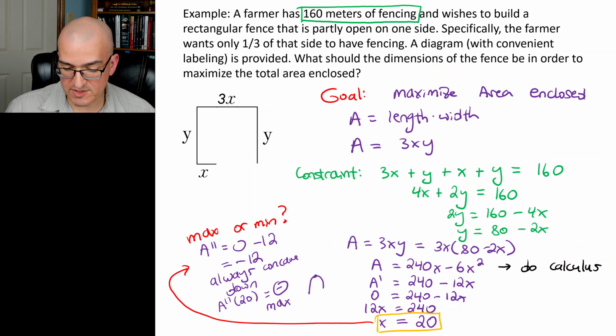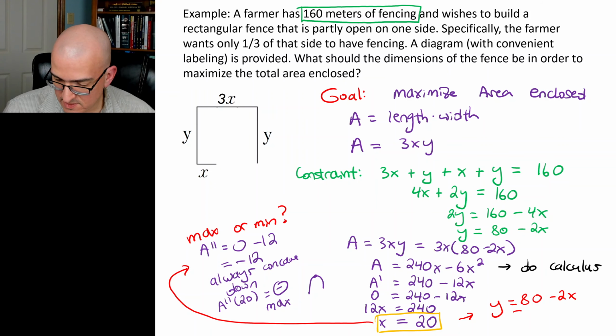And for the second question, let's find y as well. y is equal to 80 minus 2x. So 80 minus 40, which is 40.